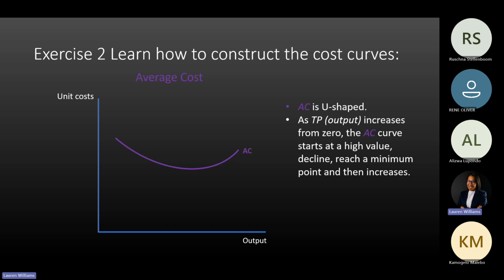And then in the video, we said we now want to know how to construct these curves. Logically, we are not going to give you the numbers to construct these curves. We just want you to understand the shape of the curves compared to your average product, marginal product, and total product.